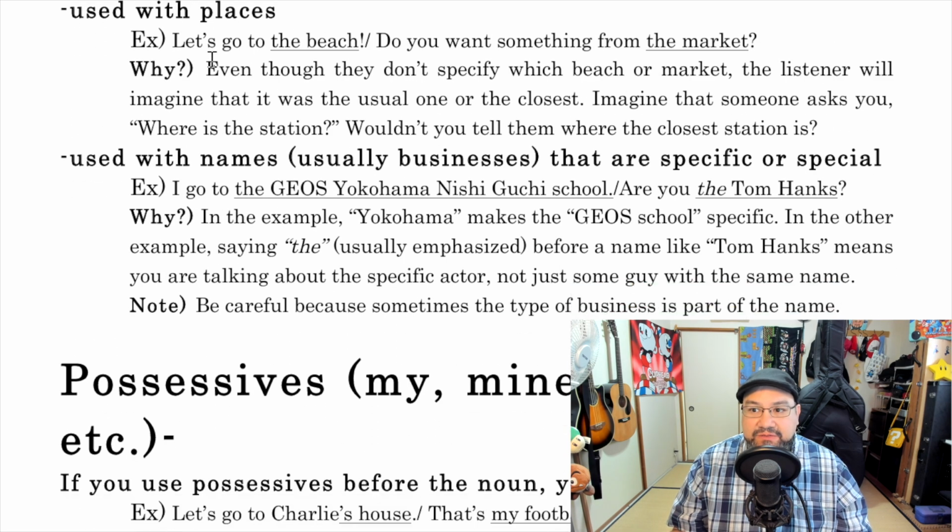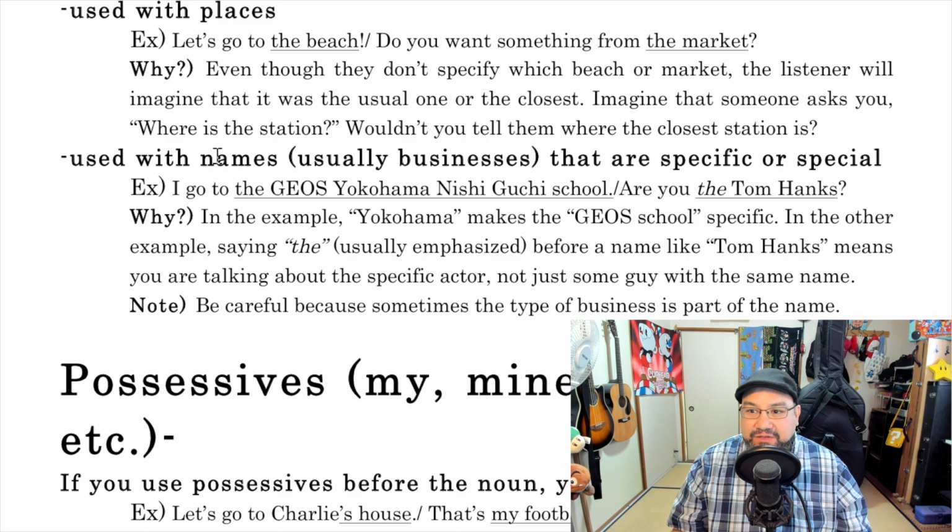Used with places. Let's go to the beach. Do you want something from the market? The beach, the market. Why? Even though they don't specify which beach or market, the listener will imagine that it was the usual one or the closest.